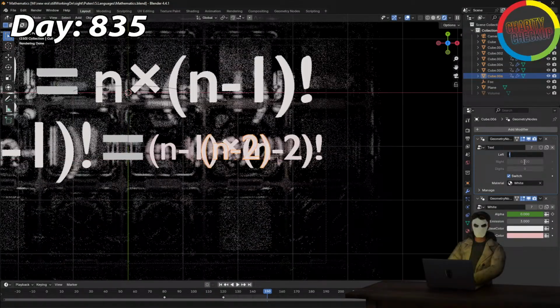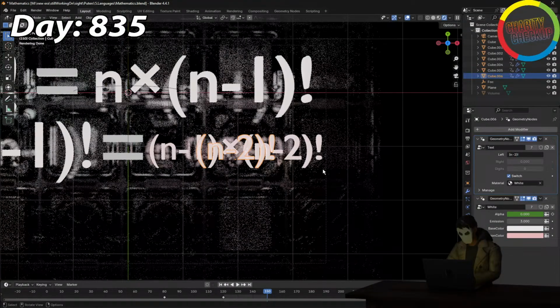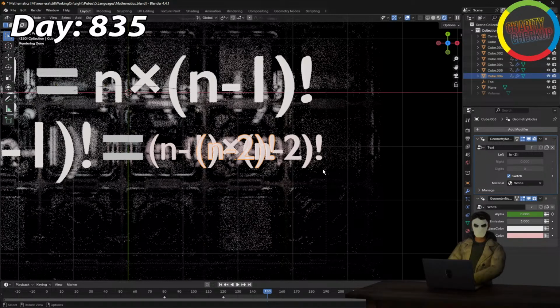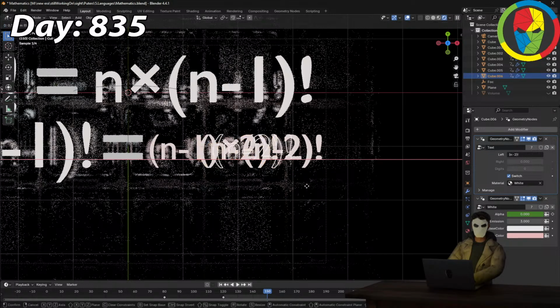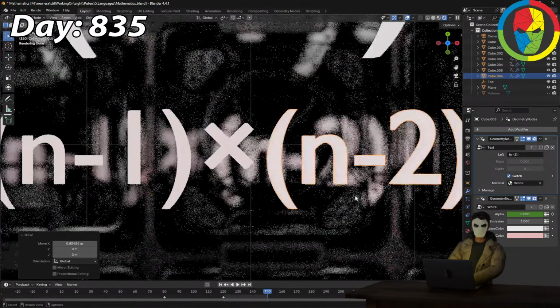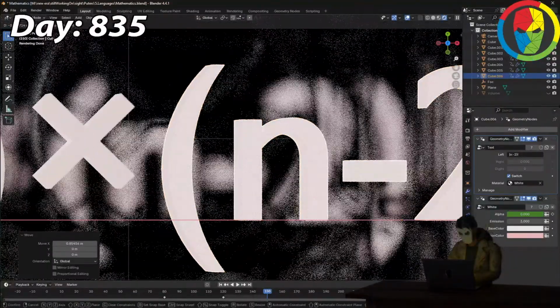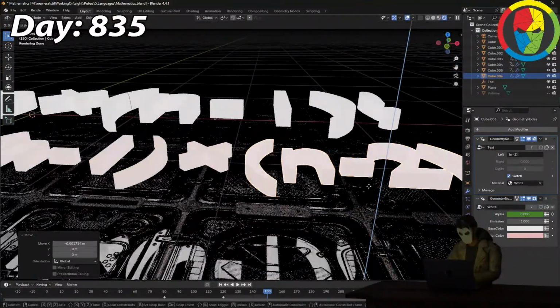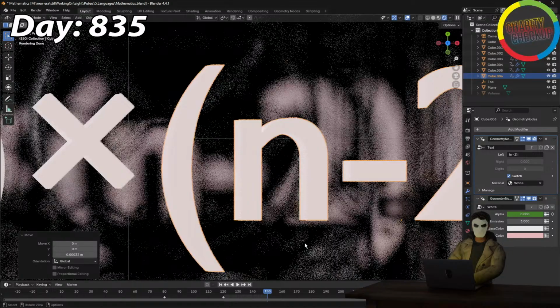But factorial. It reminds you of factorial, because this is factorial. Yeah, that's correct. That is in fact factorial. That is the one, the only.